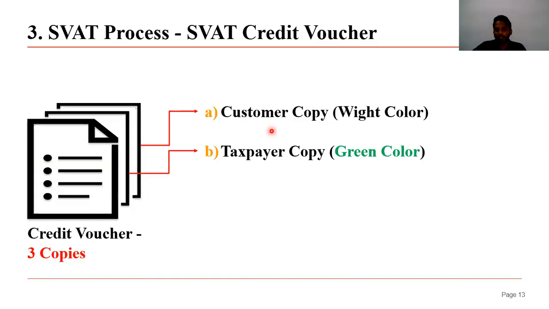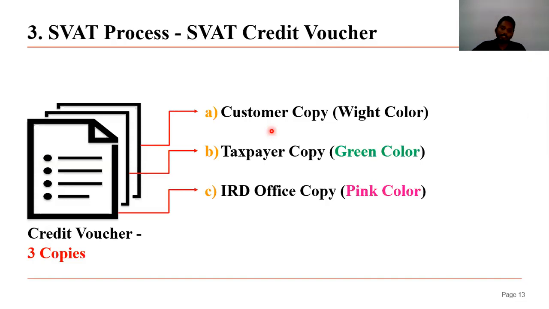Then the taxpayer copy is RIP, your copy. Then the office copy, that is the IRD office copy, that is the pink color. The white color is for the customer RIS, the green color is for your documentation purpose. You need to keep these documents for 5 years as per the VAT regulation.